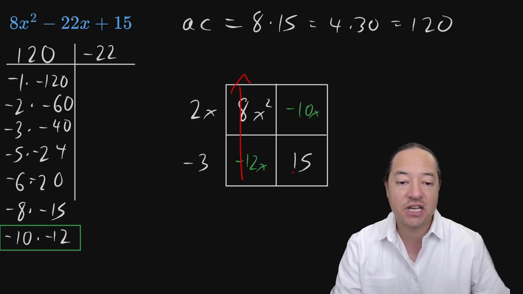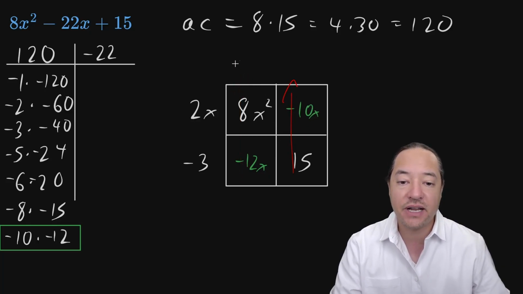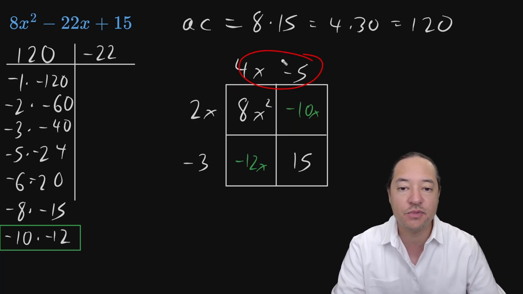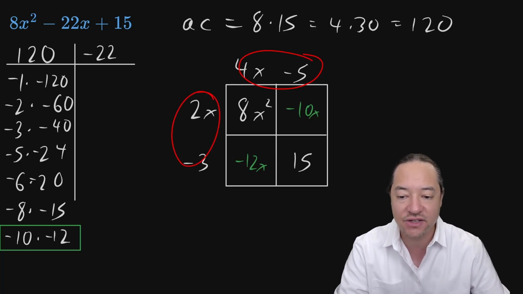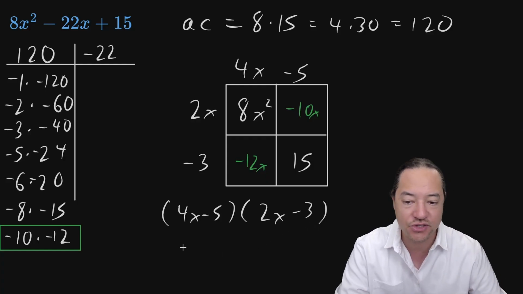Next, we look at the greatest common factor for each of these columns. And I believe here I can factor out a 4x, and here I can factor out a negative 5. Okay, so these should then be my two binomial factors, a 4x minus 5 and a 2x minus 3. And let's FOIL it out just to make sure.